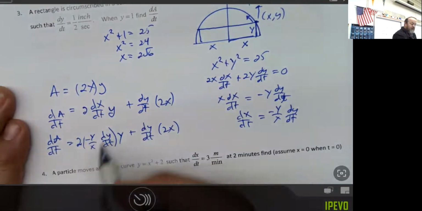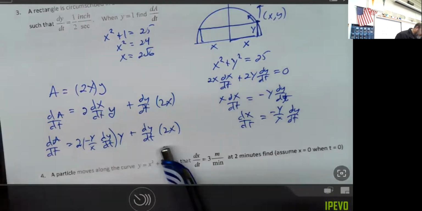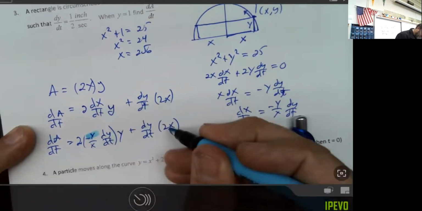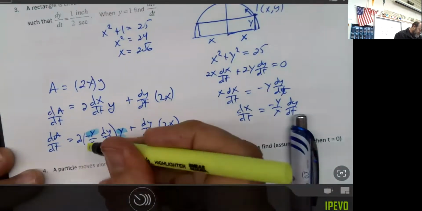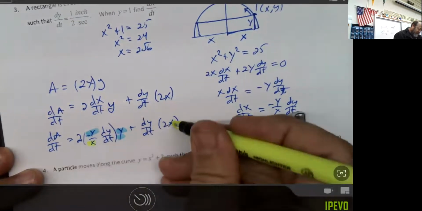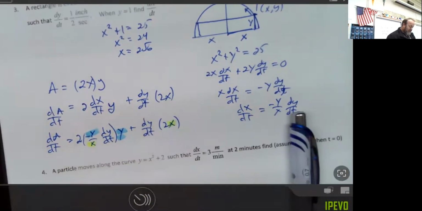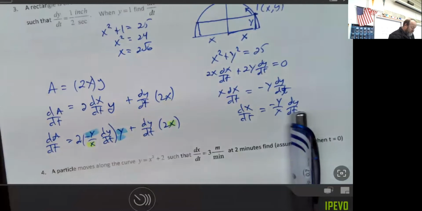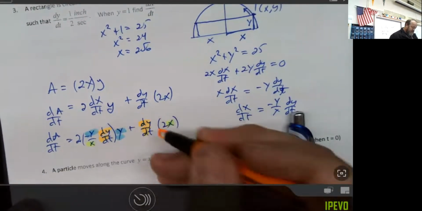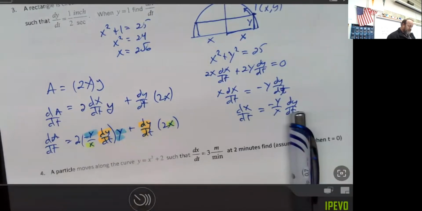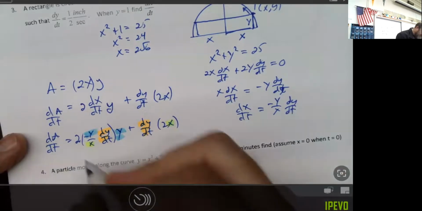So each of these y values is going to be 1. I also figured out earlier that x is going to be 2 roots of 6. And in the given information, we were told that dy/dt is supposed to be a half of an inch per second. So if you look at all those things that are highlighted, we've got it all, which is nice.